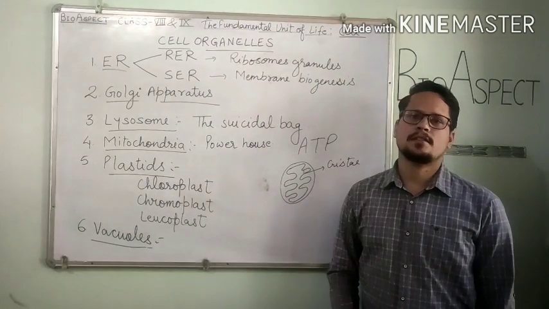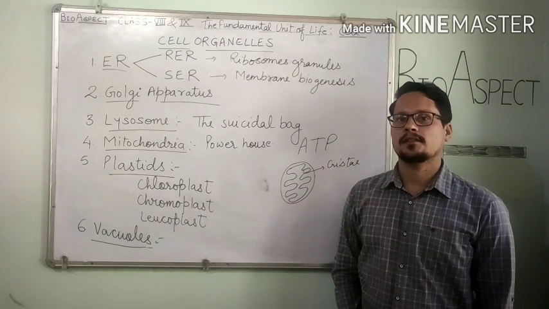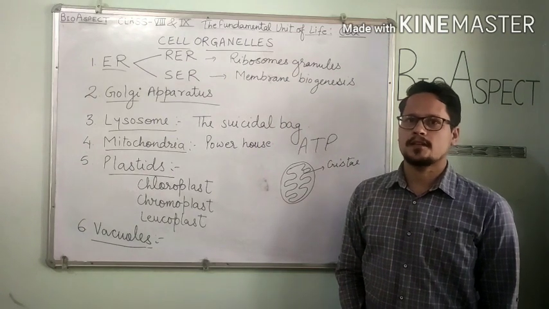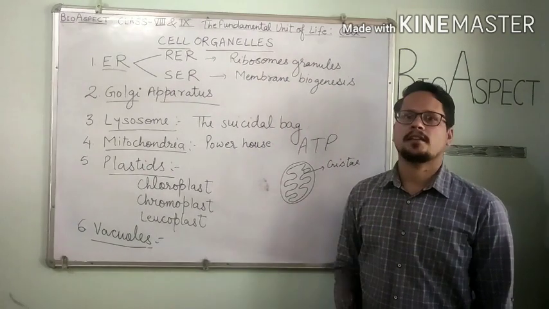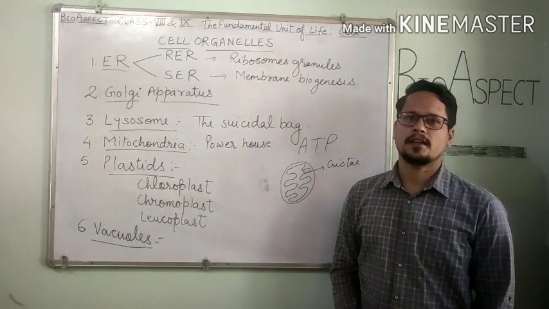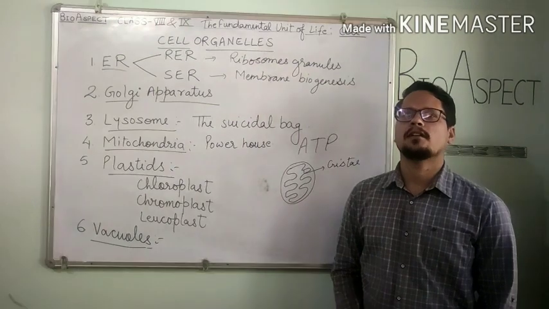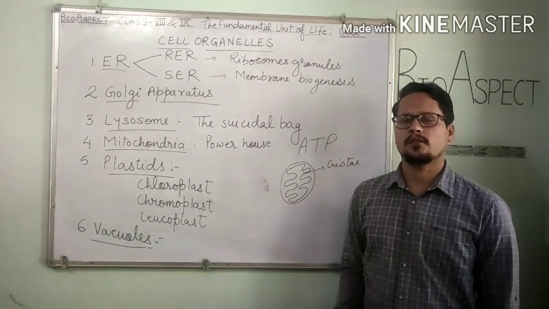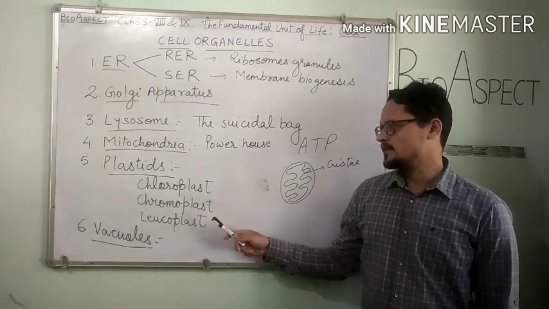Number fifth is plastid, which is also called the kitchen of the cell, in which food is synthesized. The chloroplast contains green pigment called chlorophyll, which provides the green color to the different parts of the plant, and also is useful for the process of photosynthesis.